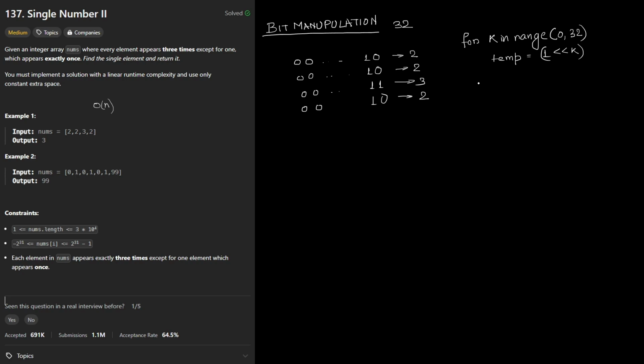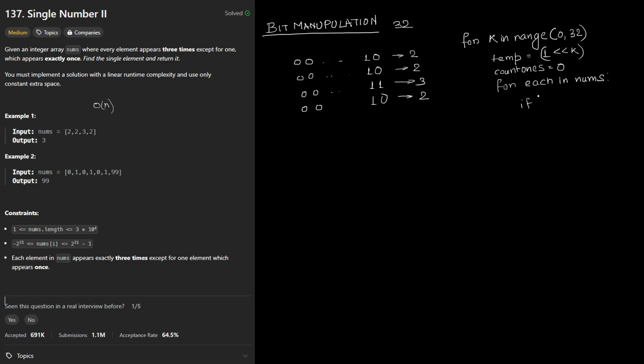Once that is done, I am going to run another for loop, for each in nums. I am going to count ones, checking how many 1 bits are present.